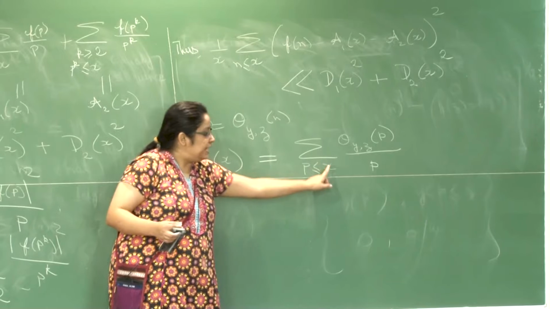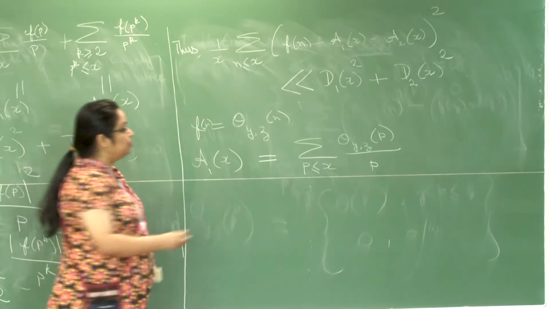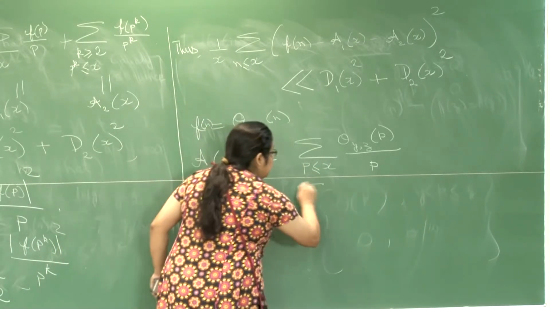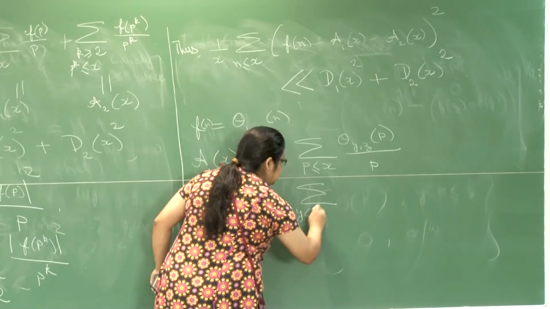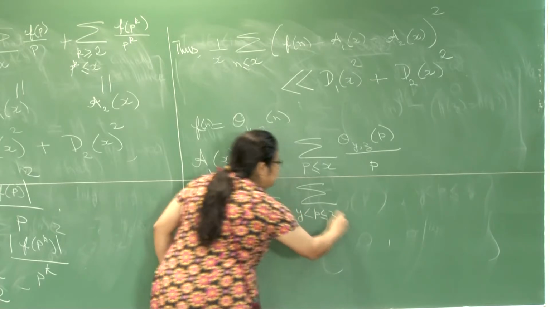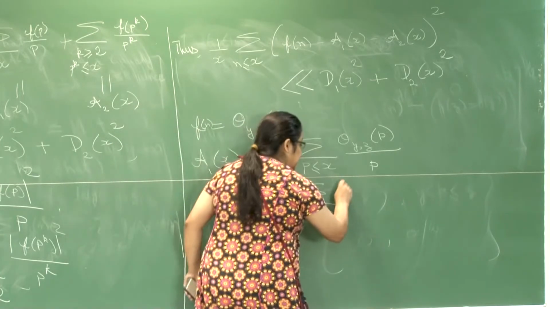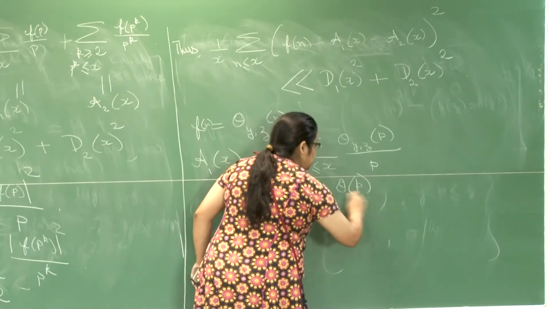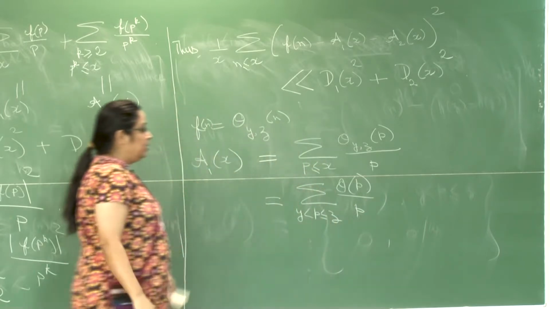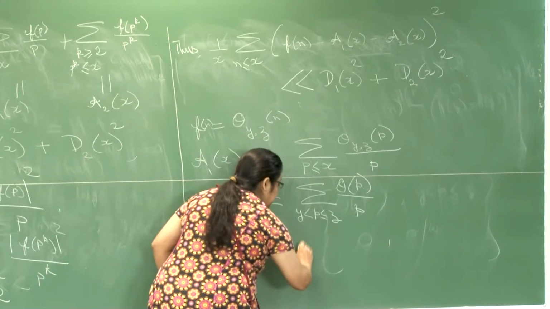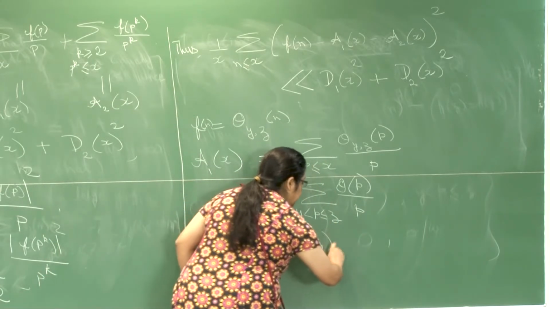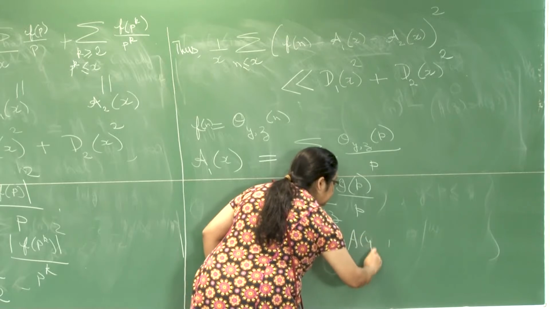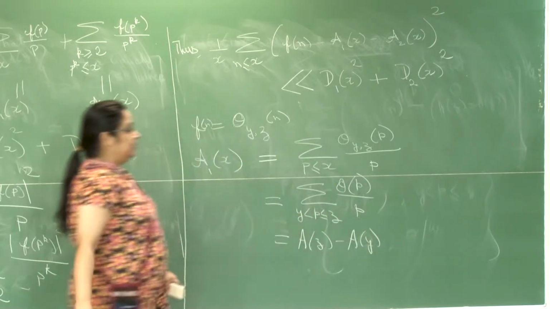So, instead of taking p less than or equal to x, what we actually have is y less than p less than or equal to z, theta(p) over p, which is A(z) minus A(y), as we needed.